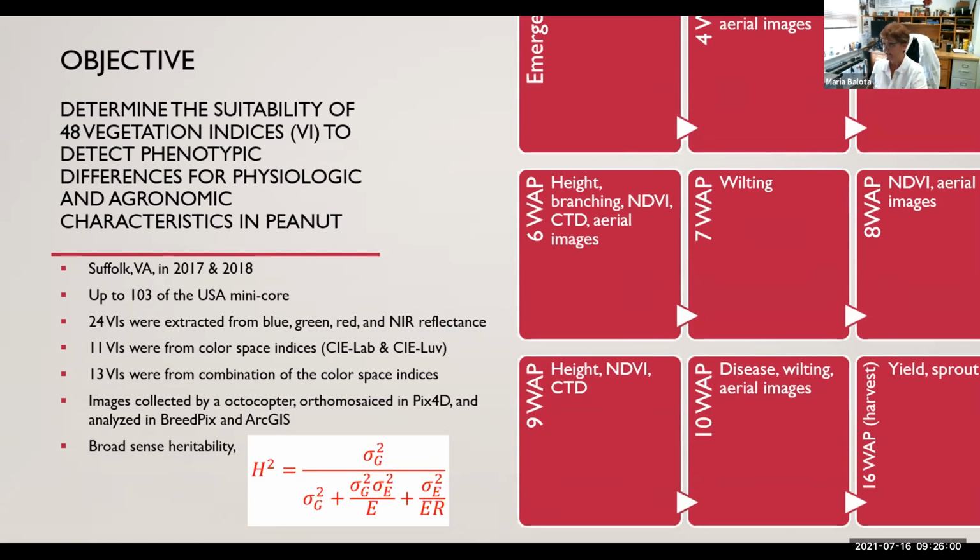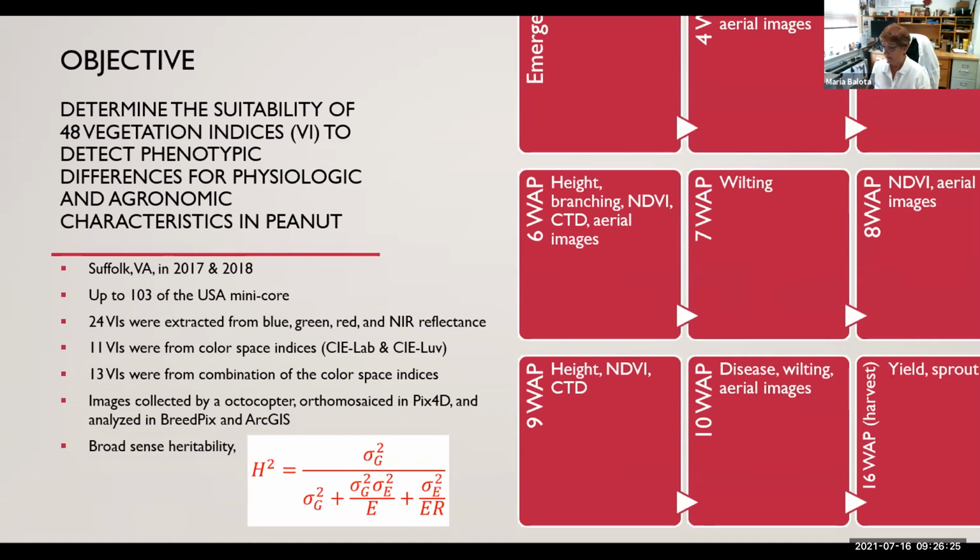On all these tests, we have used 103 accessions of the USA mini-core collection. Again, all these results were obtained in Suffolk, Virginia in 2017 and 2018 in a dry, rain-fed environment.